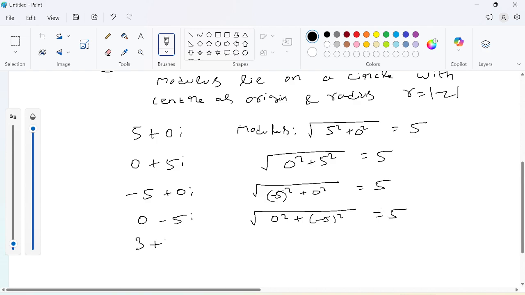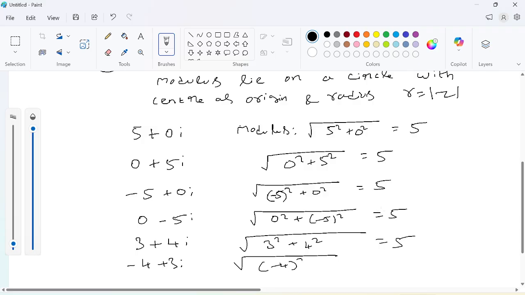Take 3 plus 4i: 3 square plus 4 square is 5. Take minus 4 plus 3i: the square root of minus 4 whole square plus 3 square is also 5.